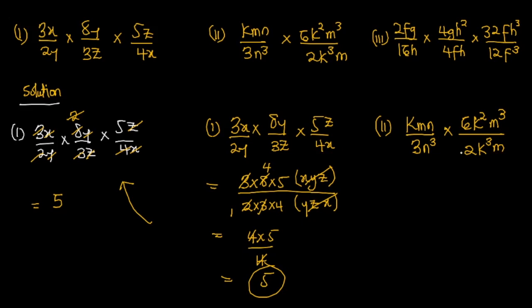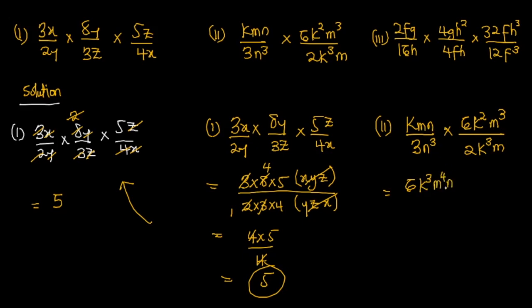We can do that. Or we can go ahead and multiply everything, the numerator by the numerator, the denominator by the denominator, before we cancel. So let's do that in this case.